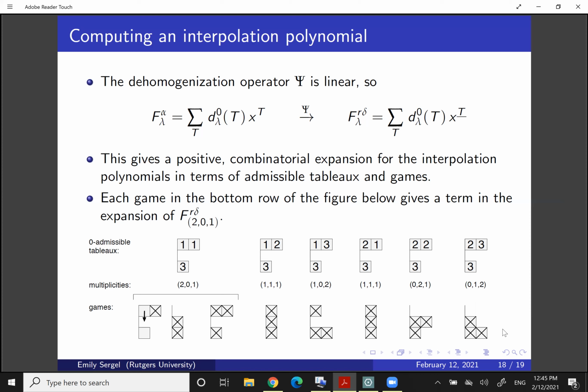And you can do the same exact thing for the symmetric guys. This same expression I had up here for the non-symmetric guys, with very slightly different notation because we have slightly different tableau combinatorics, would also pass through the dehomogenization operator and give us a way to expand the symmetric Jack interpolation polynomials in terms of our non-symmetric, non-homogeneous bar monomials with all of these layers of combinatorics.